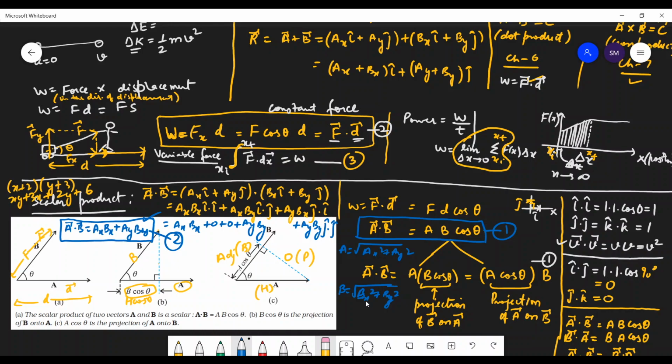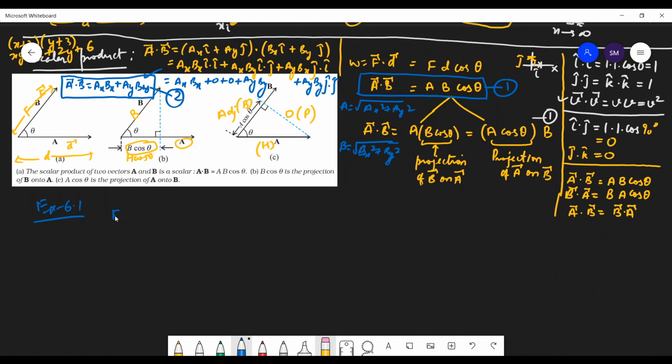And so we can find theta, like in the first example it has been asked that a and b, F and D are given to us and we are supposed to find out theta between them. So let us see example 6.1.